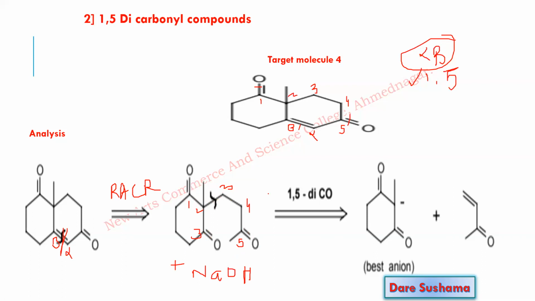The 1,5-dicarbonyl compound is synthesized by retro-Michael addition reaction. So Michael addition means we have to disconnect a bond between 2, 3 or 3, 4. So which is the best here? Either disconnection towards 2 or 4, you can see 2 is more substituted. So the best disconnection is 2, 3 in the direction of 2.